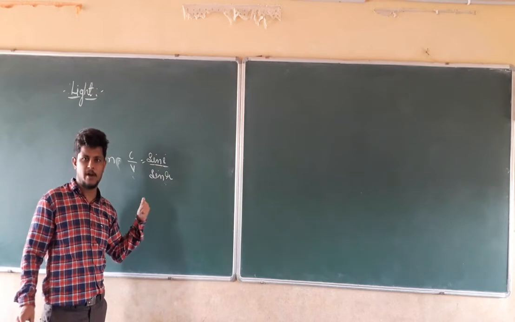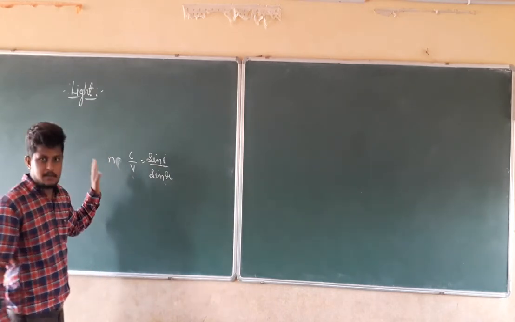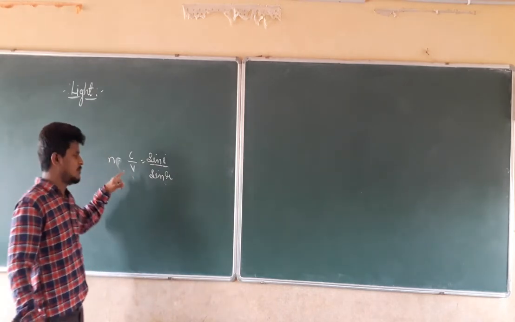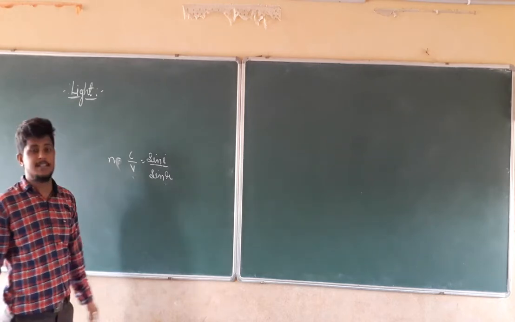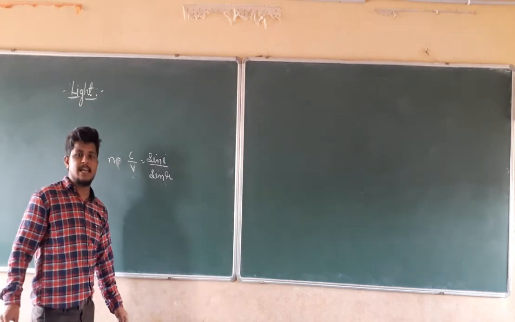Up to that point, just remember that refractive index is equal to c divided by v, which is equal to sin i divided by sin r.